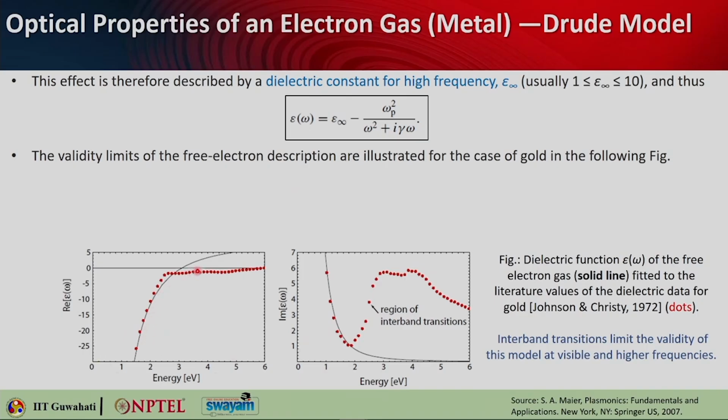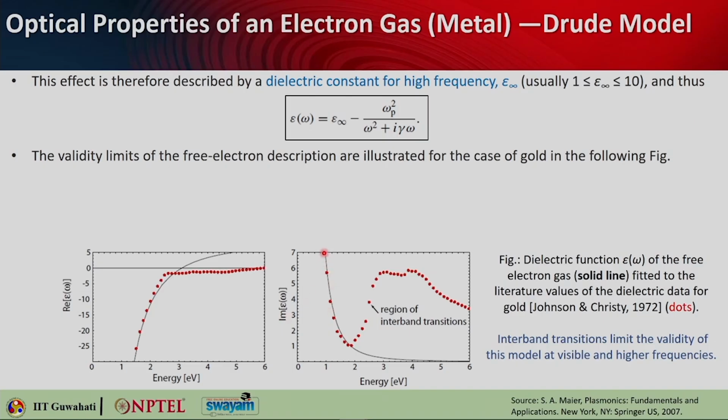So this particular curved line and these dots are the experimental ones. You see after a particular frequency range, this free electron description, which was 1 minus this, fails very badly. Till here it is fine, but after that the background plays an important role.